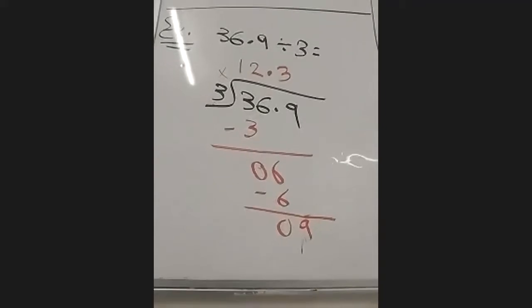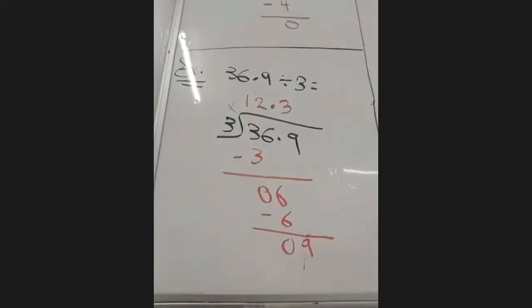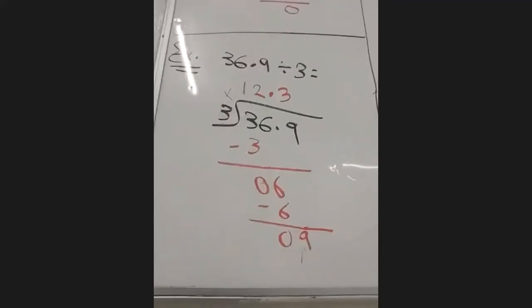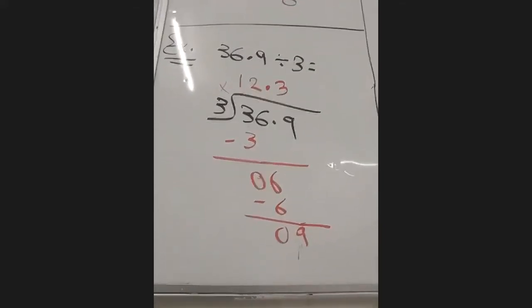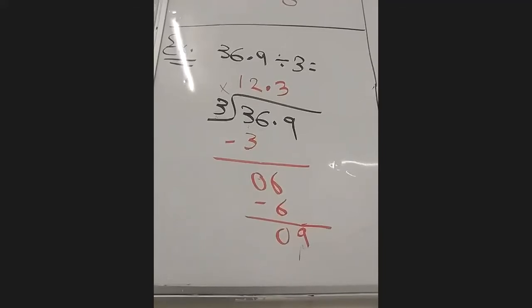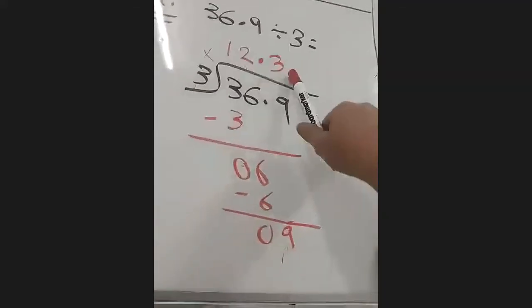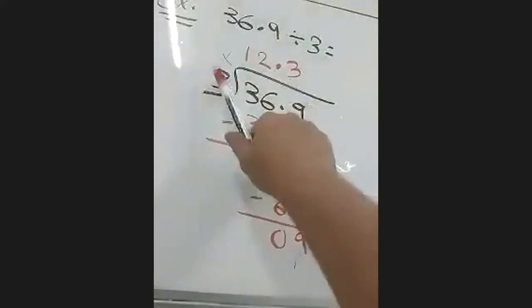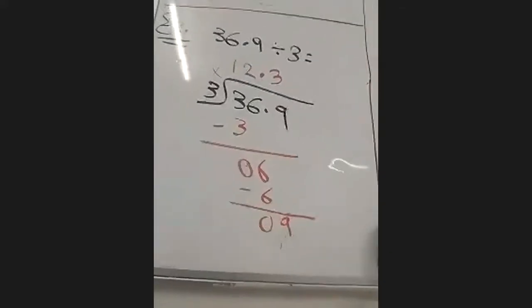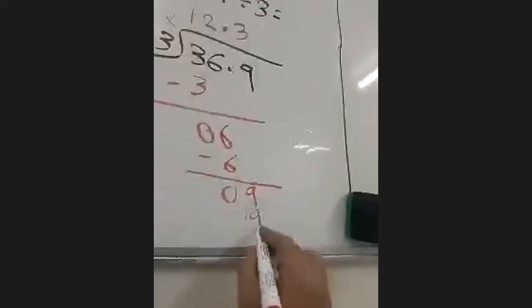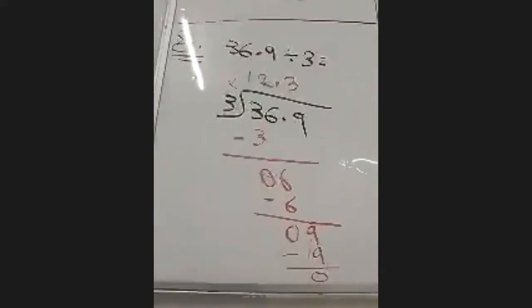Now 9 divided by 3, how much? 3. I put a 3 up. Now I'll multiply. 3 multiplied by 3, how much? 9. Subtract, the answer is 0, right?